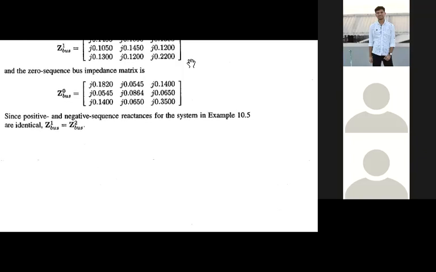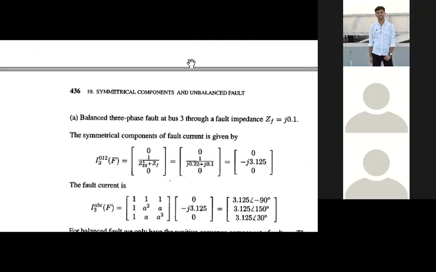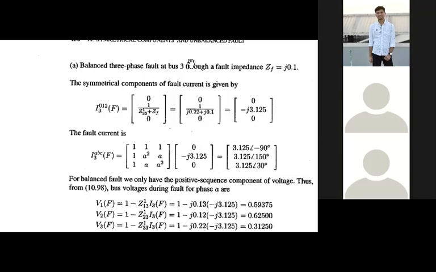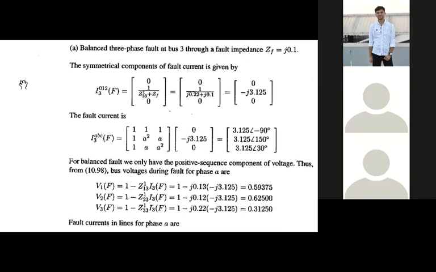So now our main concern is the fault calculation based on Z-bus. If you can recall the balanced fault scenario, which is the three-phase fault, as it was mentioned, the third bus was the fault bus. That's why it is I3012.